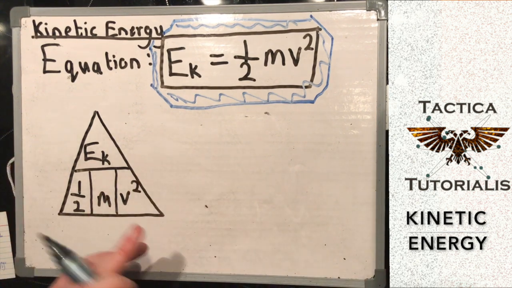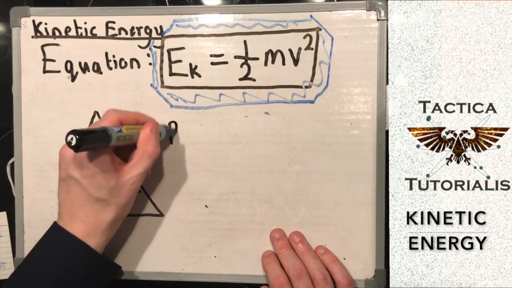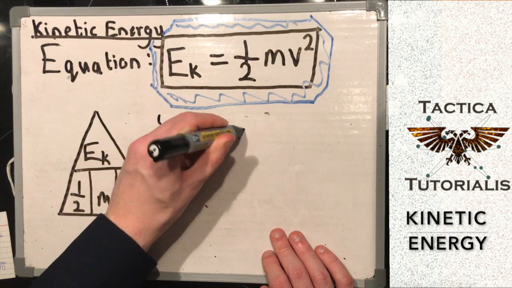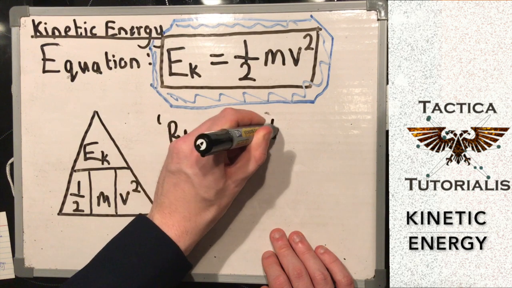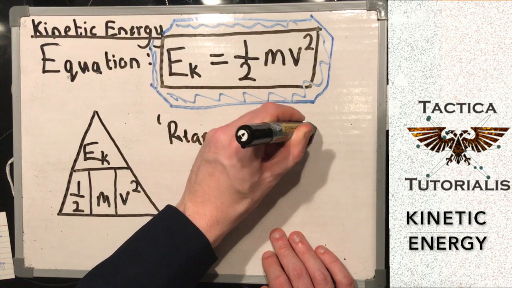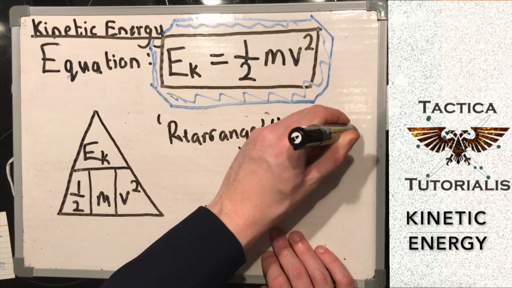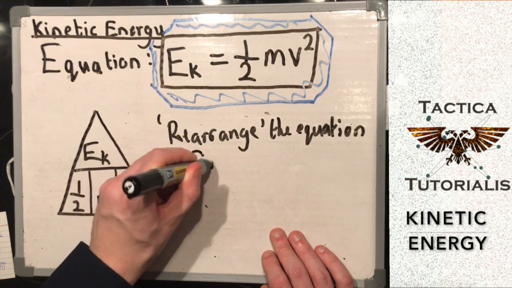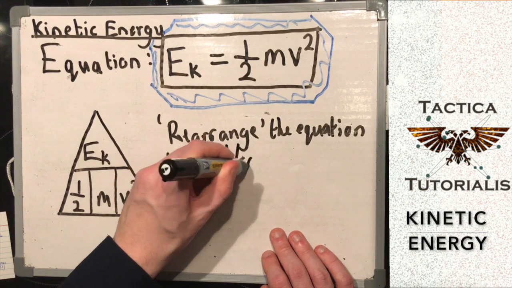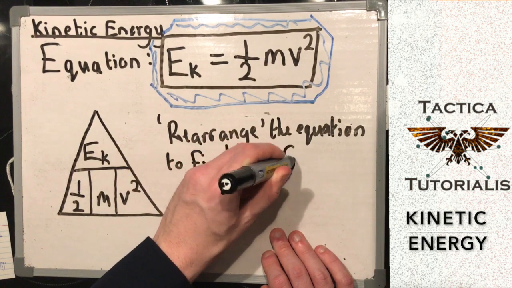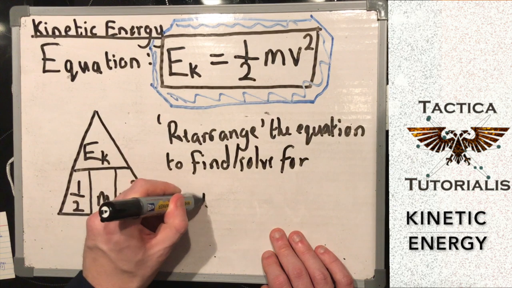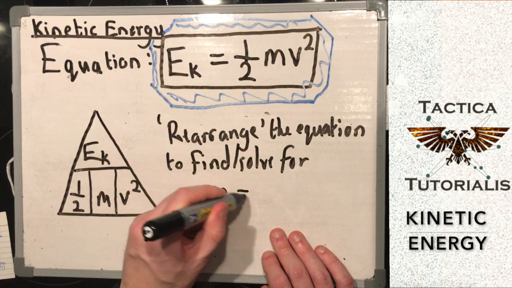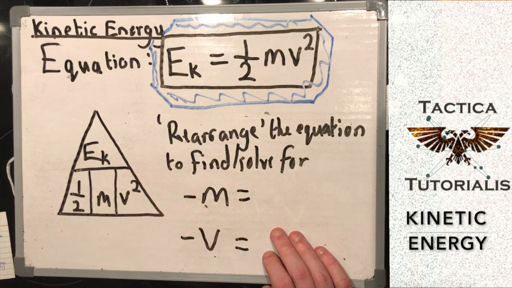So that is our equation triangle. And the task I would like you to do is rearrange the equation to solve for m and for v. So m equals what and v equals what.